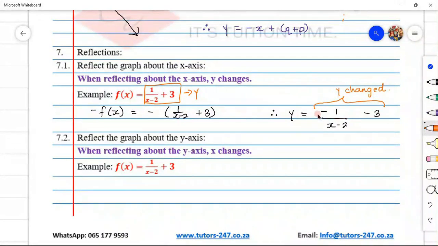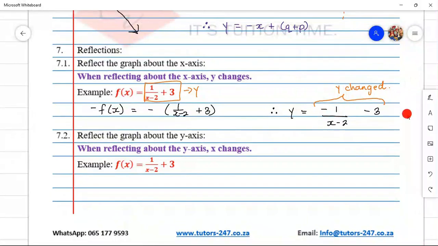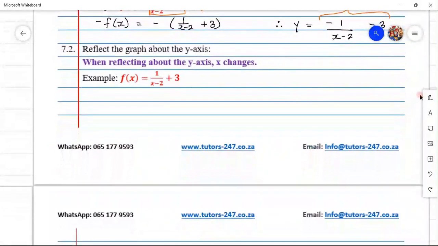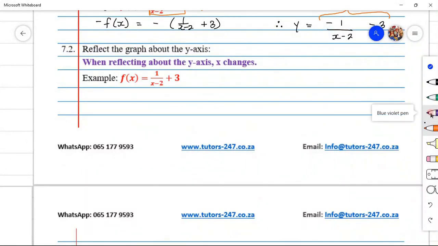Now, if we want to reflect in the y-axis, our value of y will remain the same, but our value of x is going to change. Now, we know that in order to change our x value, this is the only value that represents x, not the entire function. All we need to do is substitute a negative x.